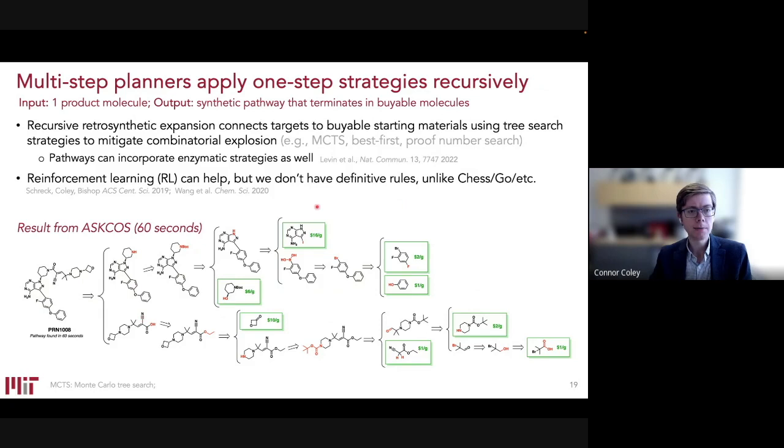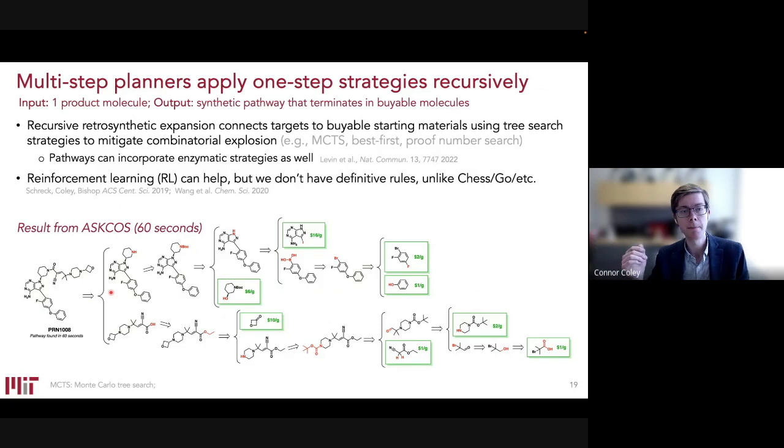And then you might think, well, if you're using these tree search algorithms like Monte Carlo tree search, a natural question is, can you just apply AlphaZero and techniques from reinforcement learning to learn how to do this very effectively? But there, the challenge is that we don't actually have the rules defined perfectly, right? Models that propose one-step disconnections give us an approximation of them, but we don't just have rules that we can fully exploit and learn through self-play of millions and millions of iterations to just solve this task.